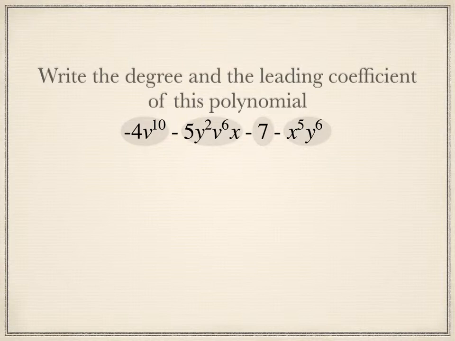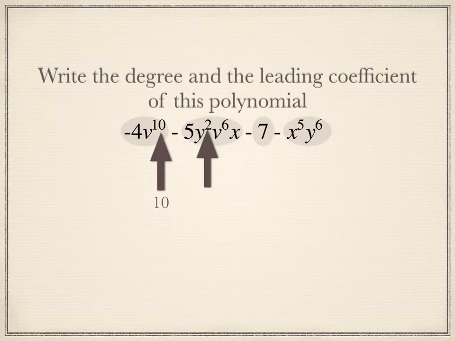So now we're going to go ahead and find the degree of each term. So the first one, the degree is 10. Because we just take our variable and we take the exponent on that variable. And once again, there's only one variable, so it really is just the exponent there.